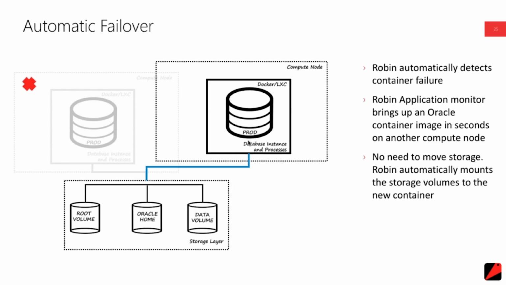And we'll take care of automatically moving the data volumes over and mounting them appropriately, so that the database can be opened by the newly started instance as it's now started up on another node in the cluster. Okay.